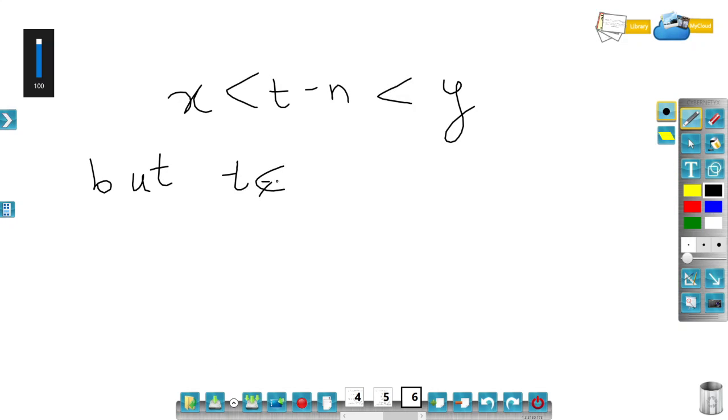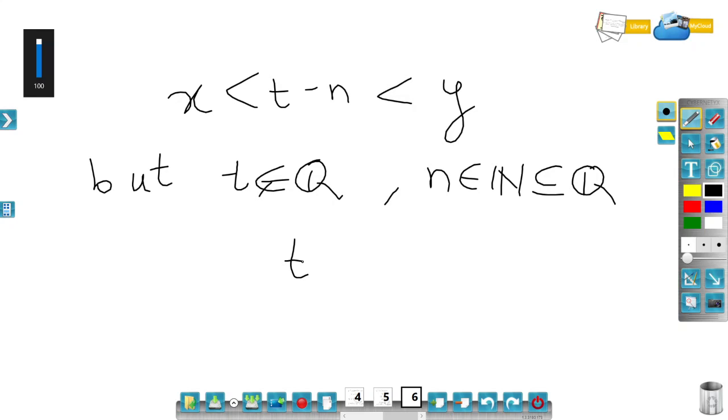But you know that t belongs to the rationals, and n belongs to the naturals. So n is already part of the integers, so n also belongs to the rationals, and rational numbers are closed under addition. So t minus n belongs to the rationals, and we call this r.